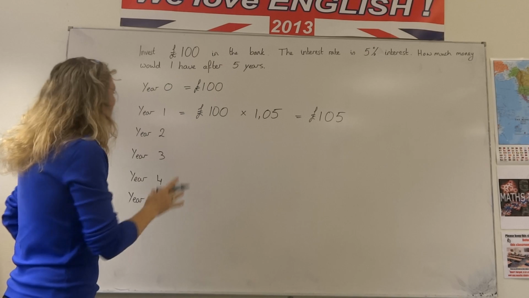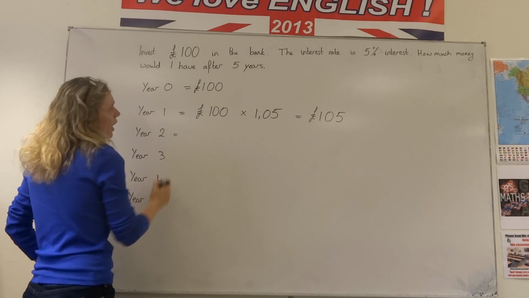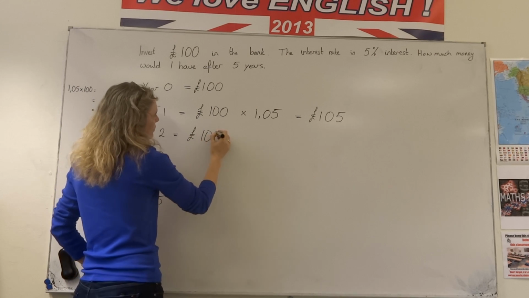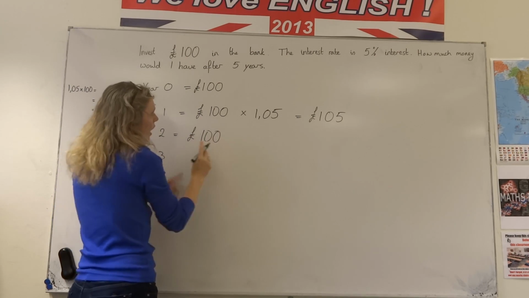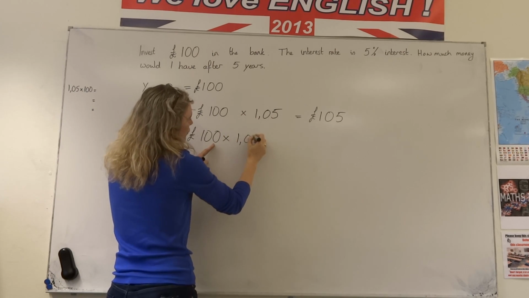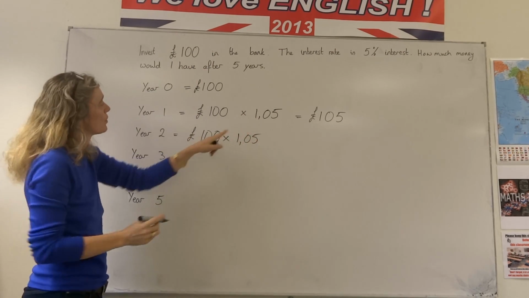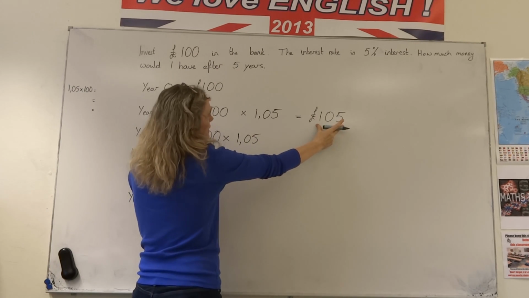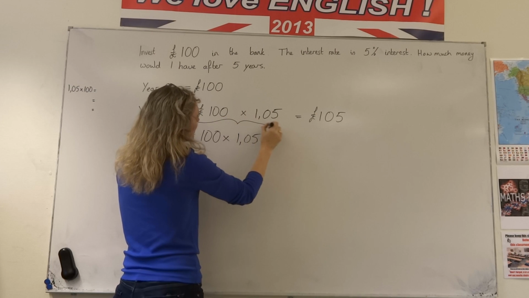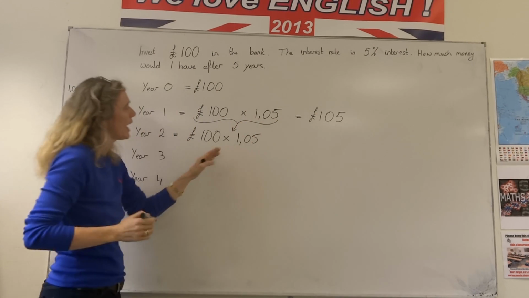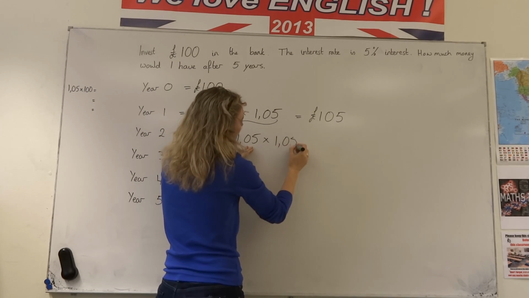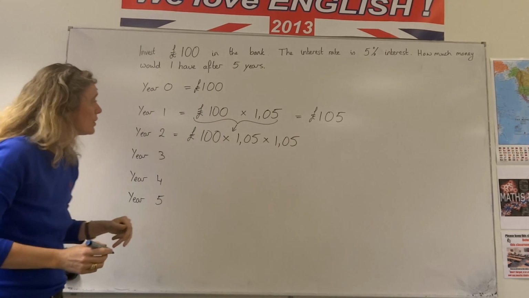Okay? After year 2, I now don't only have £100 anymore. I have the £100 that I made plus the interest that I got from last year. So this is what I had, this is my 105, you can say. But I can keep it in terms of this: the money that I got at the end of last year, and now I'm increasing that by another 5%.